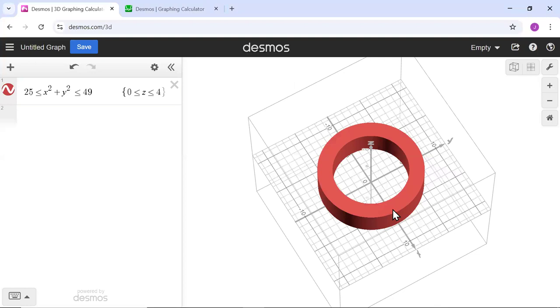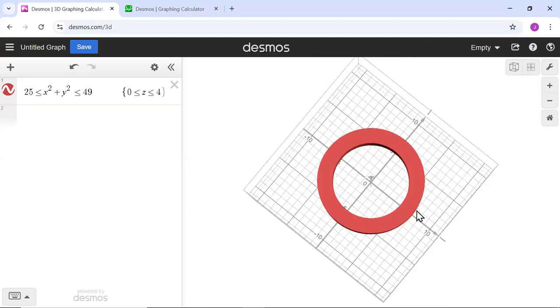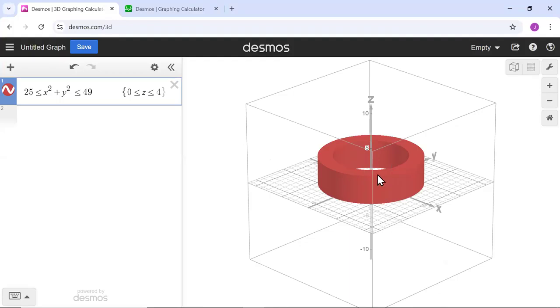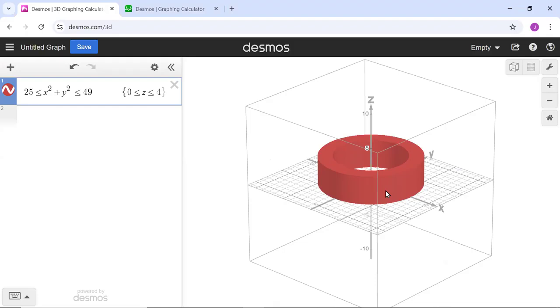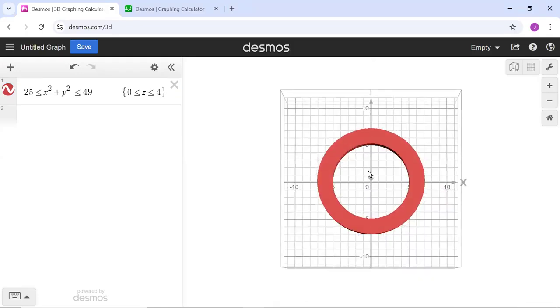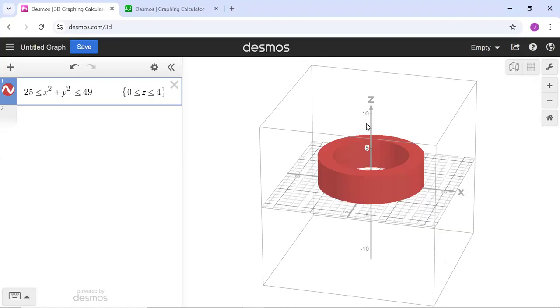Again, circle of radius 5, circle of radius 7. So in between the cylinders from z equals 0 to z equals 4. And you can imagine that that's the center of mass of a ring. Although remember, our density function is not constant here. Our density function was 1/2 z. So as we get taller, the thing gets denser.